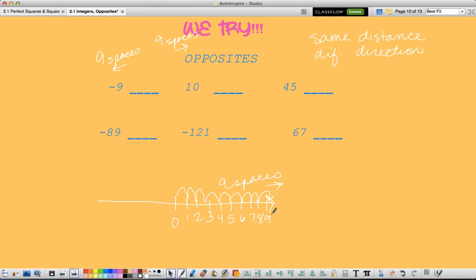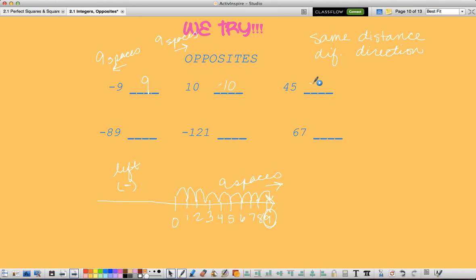And it's to the right, so the opposite of -9 is +9. That's really pretty much all that you're doing. So here you have 10. 10 is 10 spaces to the right, so you need to go 10 spaces to the left, and you know that left makes it negative, so you know that it's going to be a negative 10.